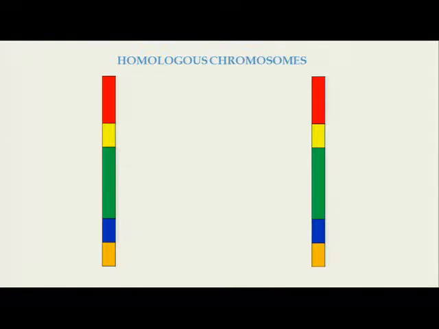I went along and I colored each segment. That gene is red, that gene is red. That one is yellow, that one is yellow. So now you can see that the two yellow genes on the two chromosomes forming the pair, they occupy the same position. The same with the green ones, and eventually the same with the orange ones.